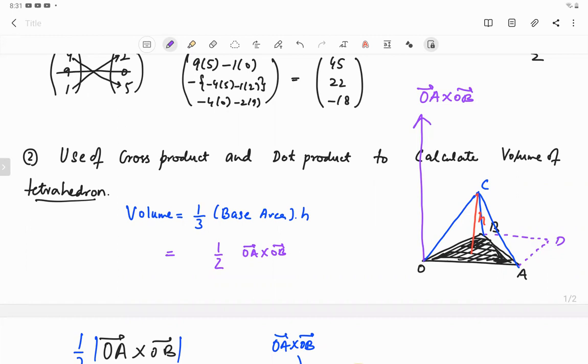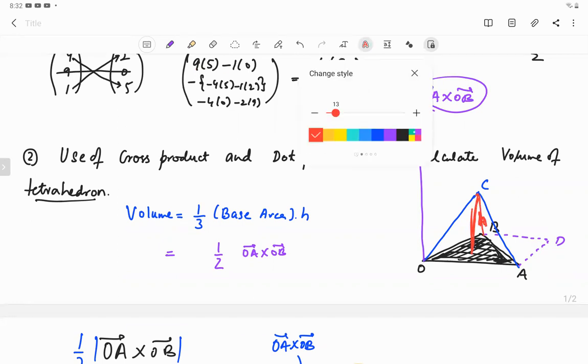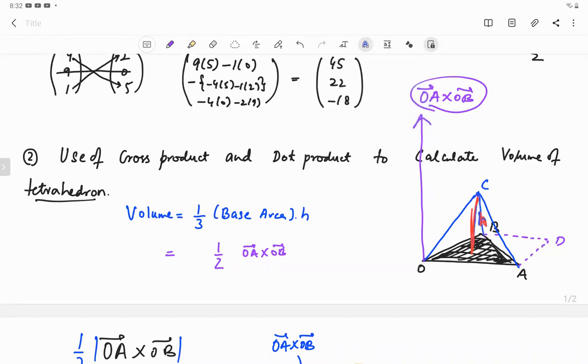Now, if you multiply this vector with this height h, you will get the volume of this pyramid. If you multiply the height h with this purple vector and divide it by 2, you will get the volume of this pyramid.